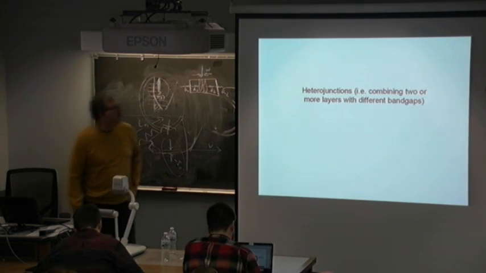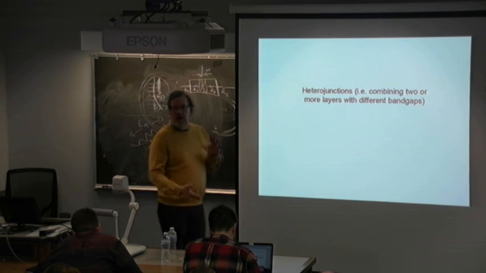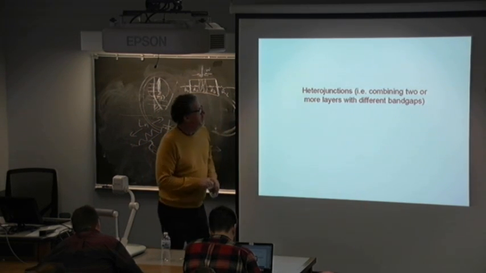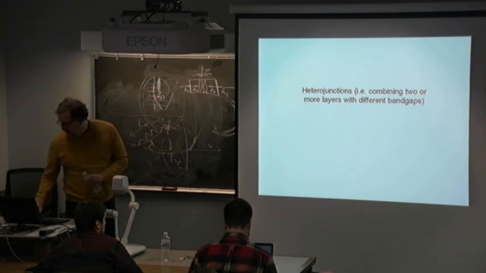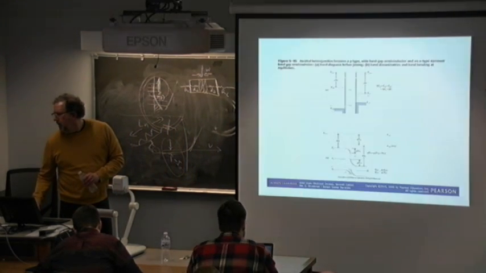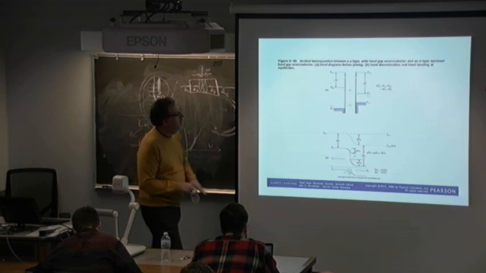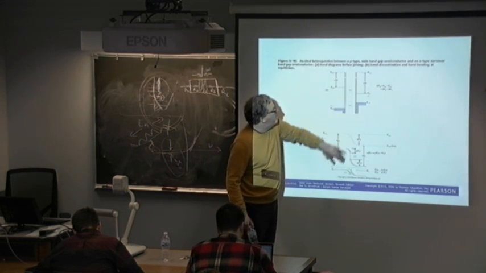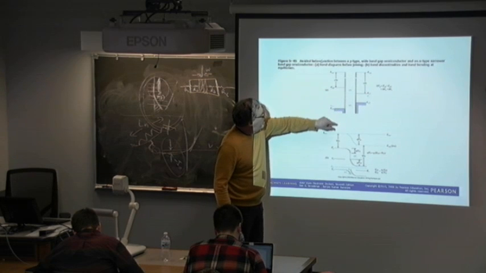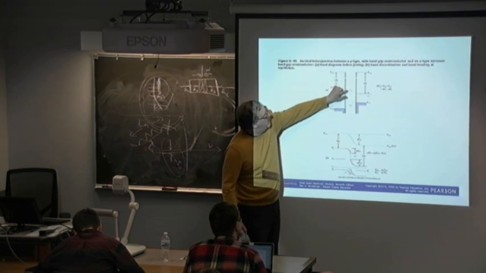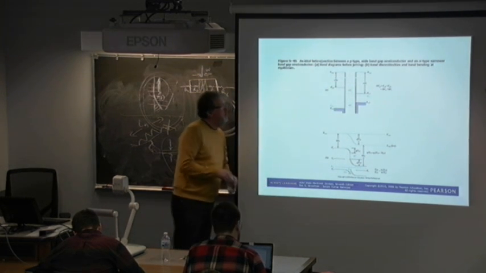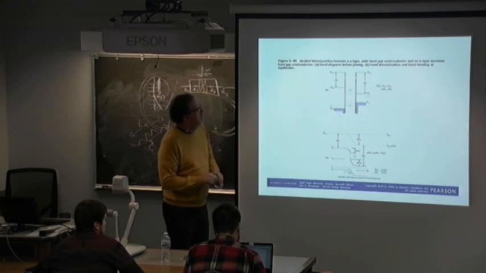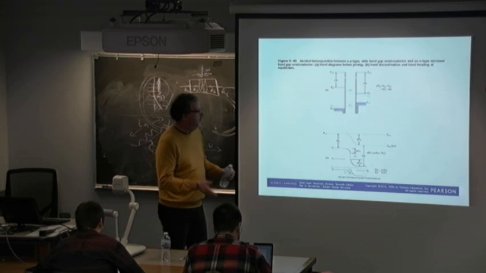Heterojunctions, this is the fun stuff. Now we can make our quantum wells and everything. So that's more layers, combining two or more layers of different band gaps. And so it's the same thing. You have the work functions and the electron affinities. You line them all up. They have a band gap difference, and so they manifest often as 2/3, 1/3, or 70/30, 60/40.